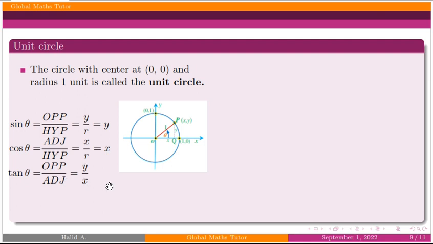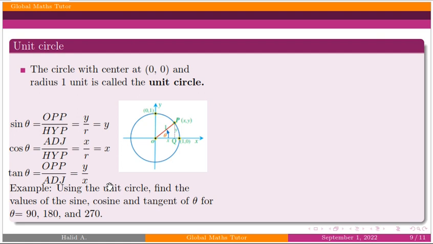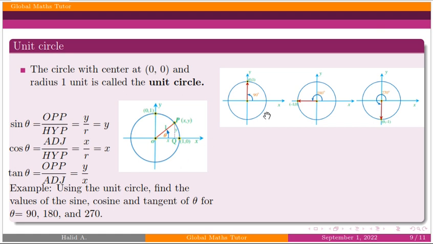So using these definitions, let's find the trig values of some quadrantal angles. Let's find the trig values of theta equal to 90 degrees, 180 degrees and 270 degrees. First let's draw 90 degrees.